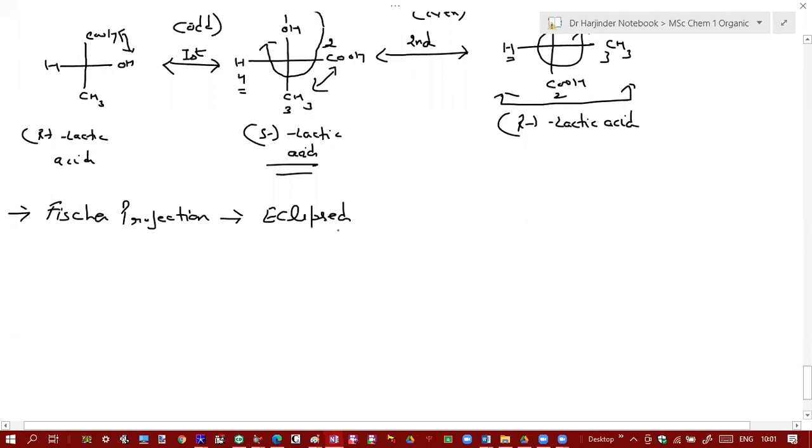So that is the most important point. Fisher projection does not represent a stable conformation. It is always drawn in the eclipsed conformation.